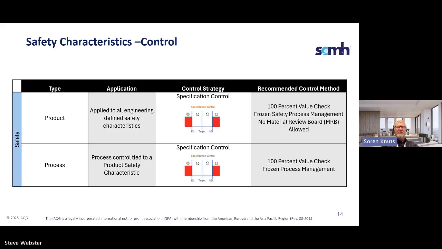But the main control strategy is specification control by 100% value check for a product safety characteristic, and frozen safety process management, which also means that no material review board, MRB, is allowed. This is also valid in the case of process safety characteristics that are tied to product safety characteristics.